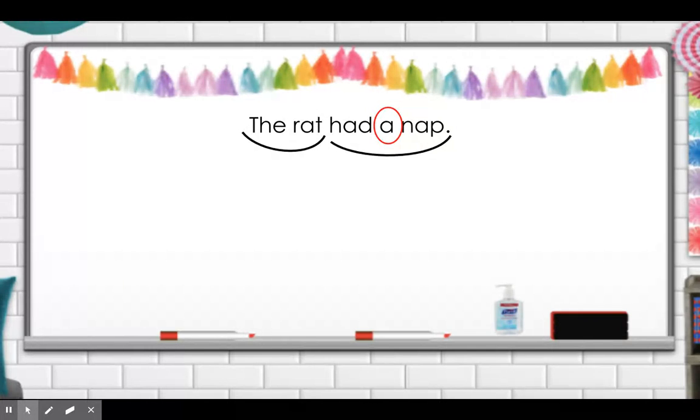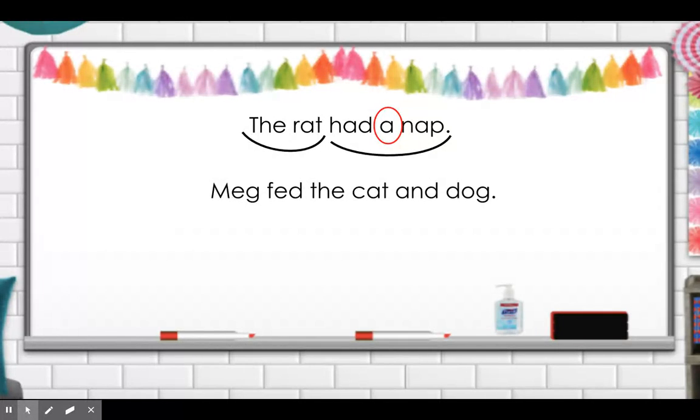Now we're going to do another sentence. Listen carefully. Meg fed the cat and dog. Write your sentence down. If you need to listen again, you can play it back. This is what your sentence should look like.